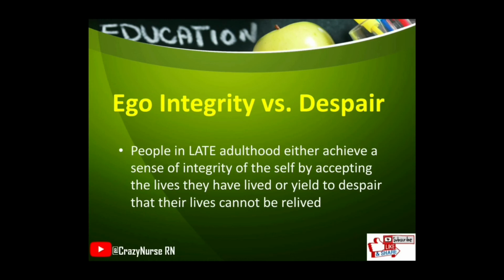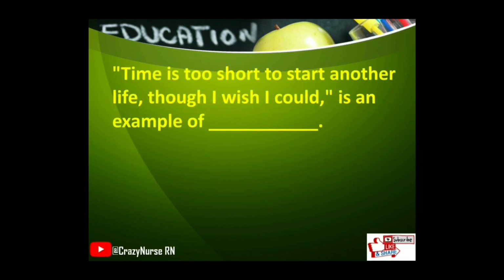People in late adulthood either achieve a sense of integrity of the self by accepting the lives they have lived, or yield to despair that their lives cannot be relived. Time is too short to start another life, though I wish I could, is an example of blank. Despair.